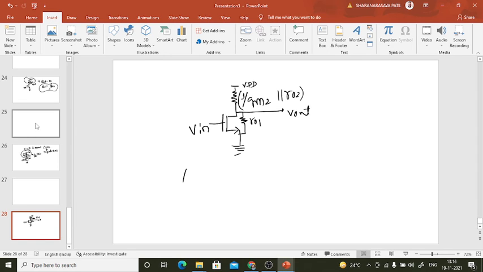I already told the equation for gain with channel length modulation: minus Gm RD parallel with R0.